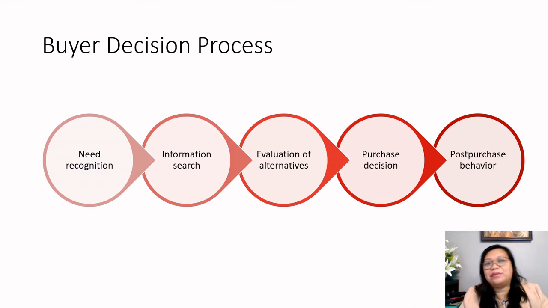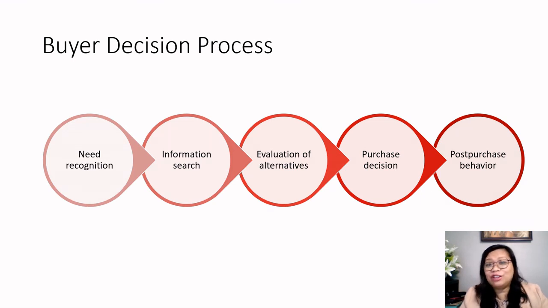After purchasing the product, the consumer will either be satisfied or dissatisfied and will engage in post-purchase behavior of interest to the business. What determines whether the buyer is satisfied or dissatisfied with the purchase? Well, the answer lies in the relationship between the consumer's expectations and the product's perceived performance.